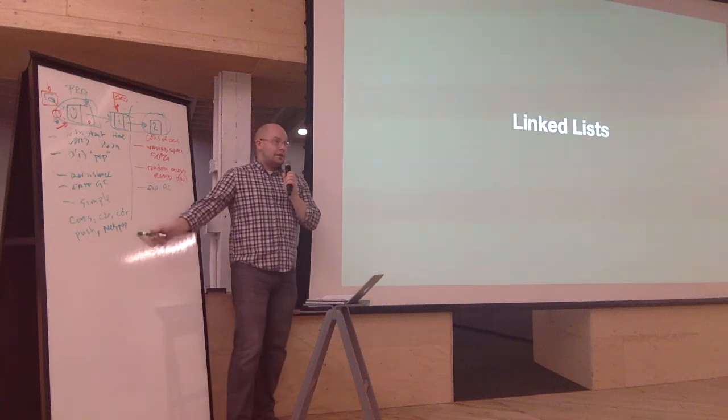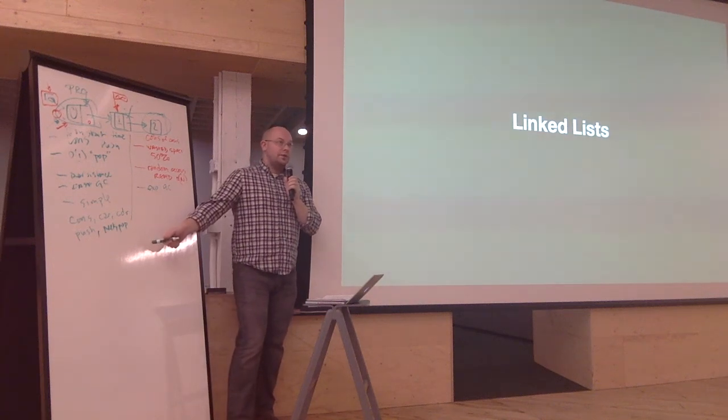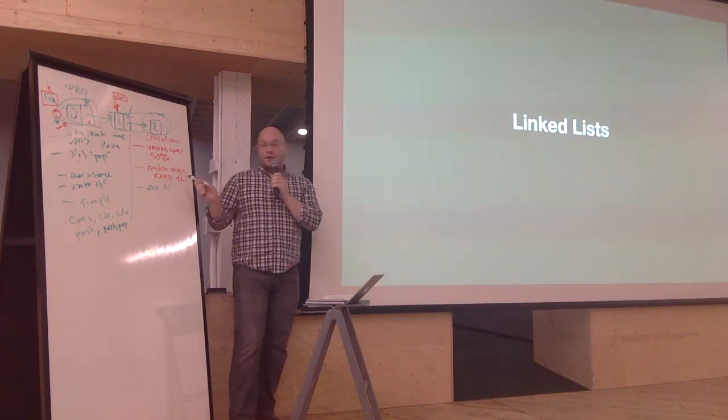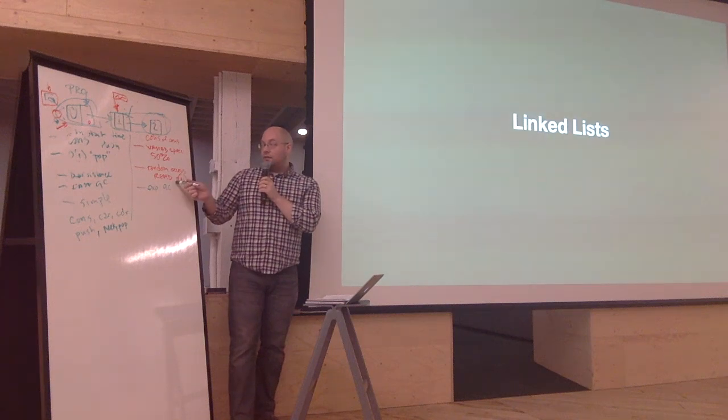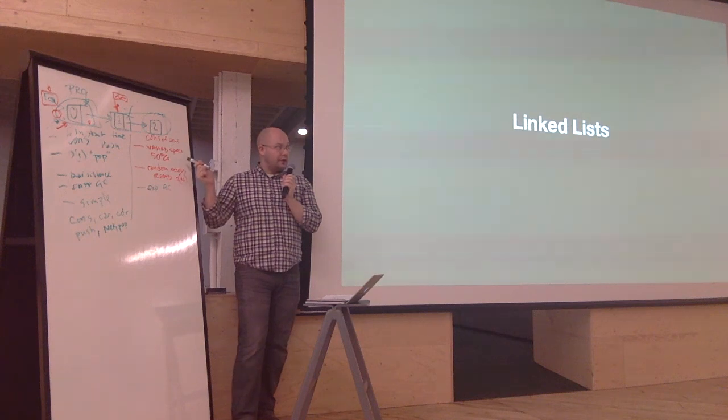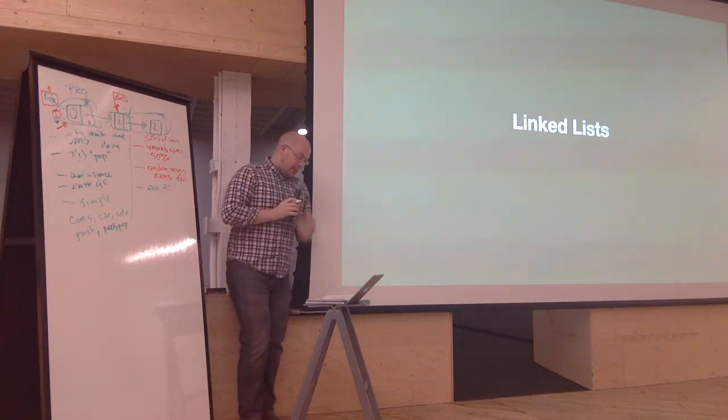Okay, so we want these to be constant time. This is important for our purposes when we're using lists, but we would also like to get constant time random access and constant wasted space rather than linear wasted space. That would be lovely.